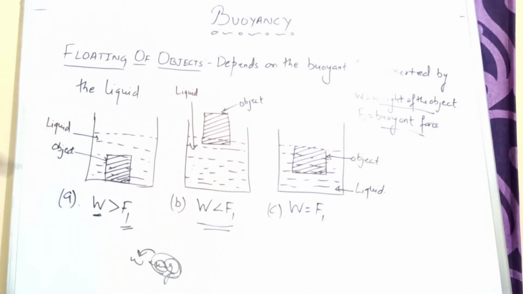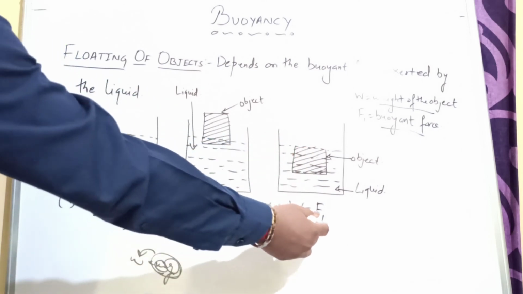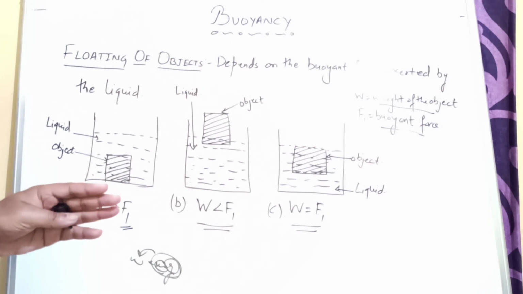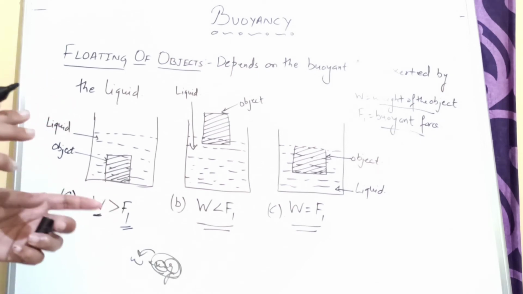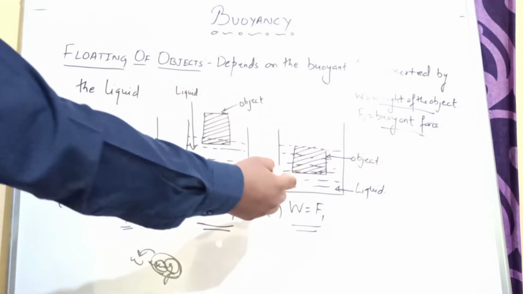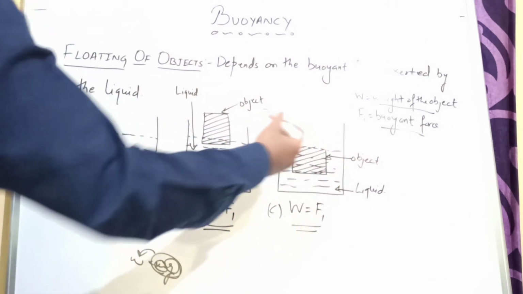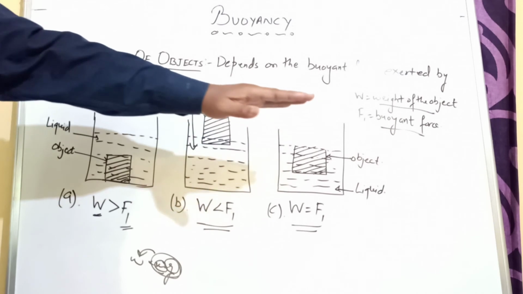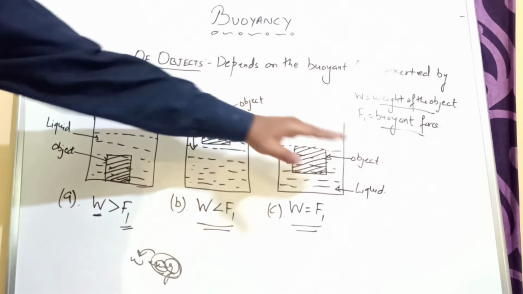Now the third condition is when the weight of the object and the buoyant force are exactly equal. In that condition the object will float like this, with only the top of the object at the top of the liquid.